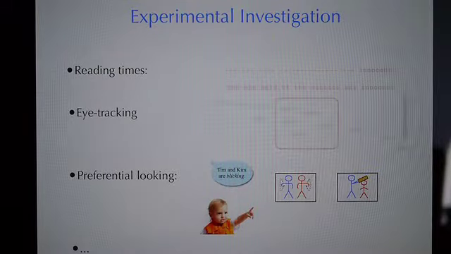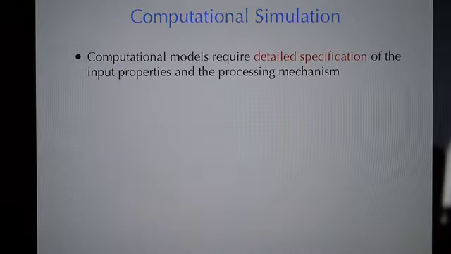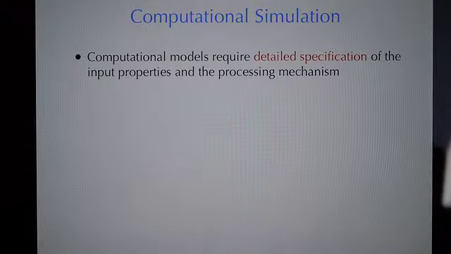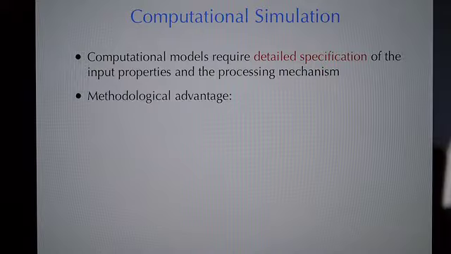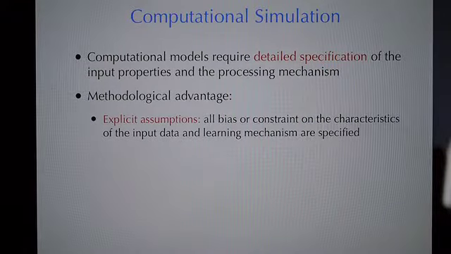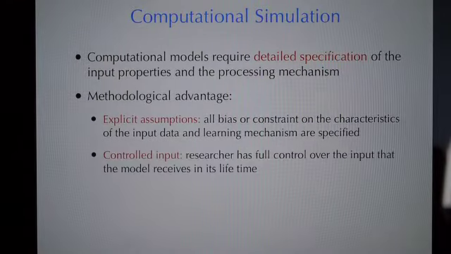Also similar to what we said in the introductory lecture, you can complement these kinds of experiments with computational simulation of the process, because this gives you certain advantages. It gives you full control over the data.